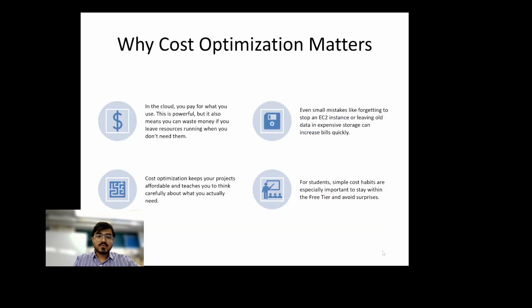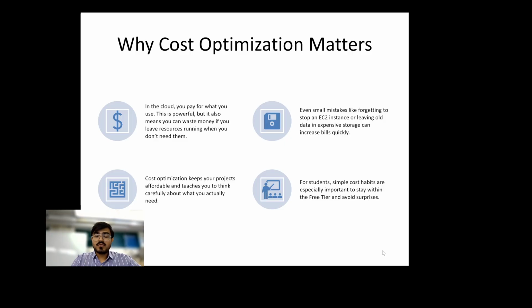So, why does cost optimization matter? Cloud is pay as you go. That means you pay for what you use, but it also means you can waste money if you forget to stop resources. For example, leaving an EC2 instance running overnight is like leaving the light on in your room all night.